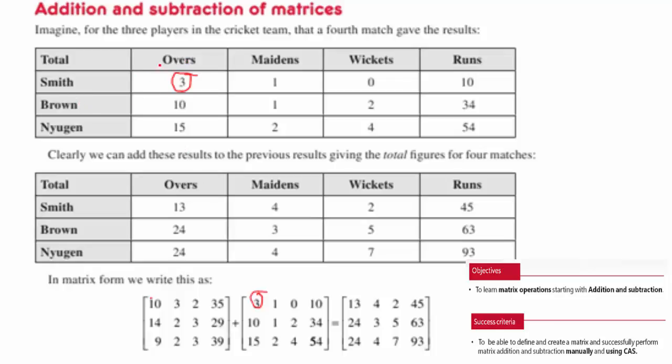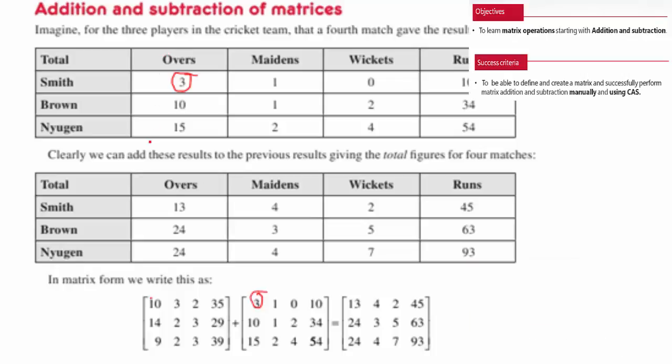So if you go row, column, it means Smith had 3 overs, okay, in that match. And then in the previous one, Smith had 10 overs in the aggregated 3 matches. So 10 plus 3 is 13 altogether. Smith had 13 overs.